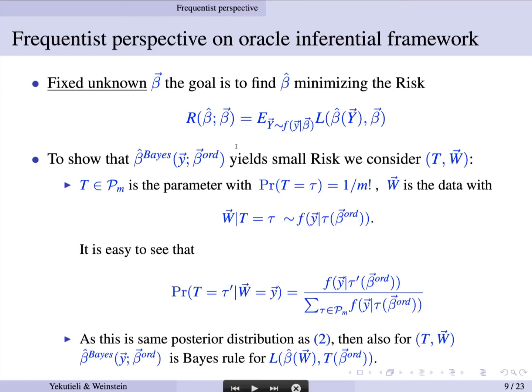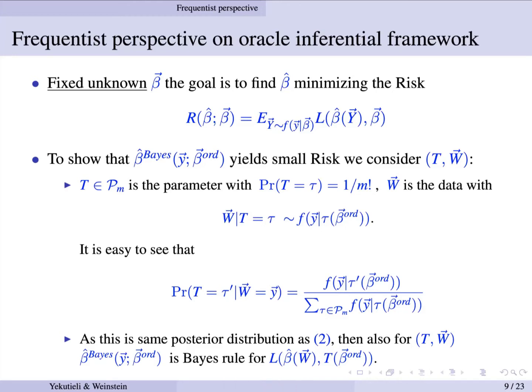And what I want to show you is that the average risk I've derived, the Bayes rule I've derived before, which is a function of y and this order statistics, also yields small risk. So to do so, I'm going all the way back to Robbins's idea.